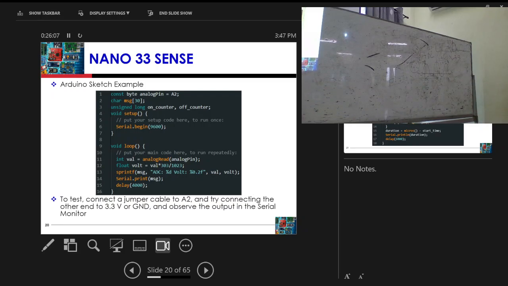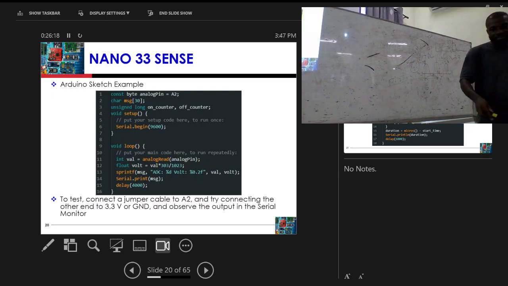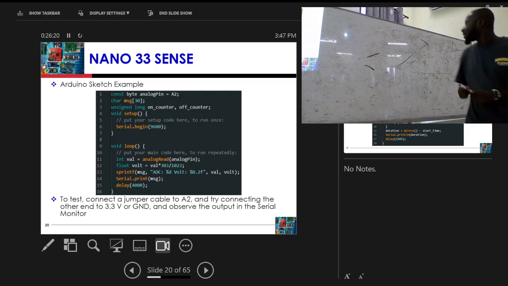So what does sprintf do? Now, probably, if we were paying attention, there is print and then println. Print is very, very important.